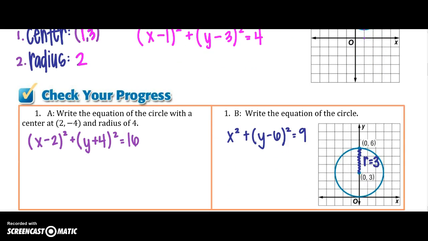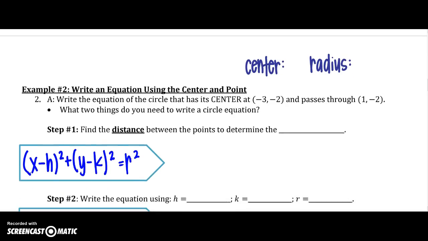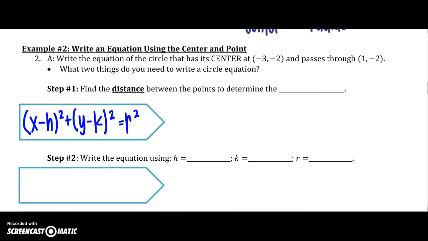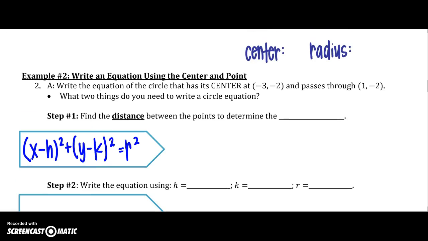Here are your answers for those two, and we'll continue on to the next page. All right, we need to write an equation using the center and a point. So maybe we're not given the radius. So what two things do we need to write an equation of a circle? And remember, we need the center and the radius.